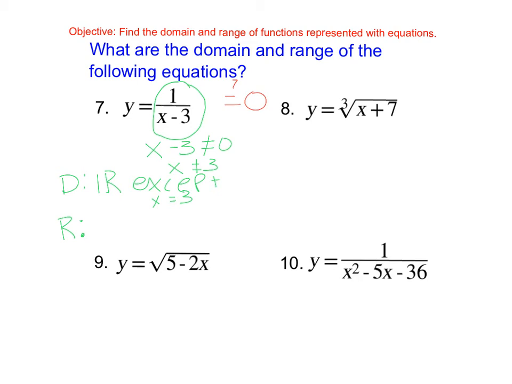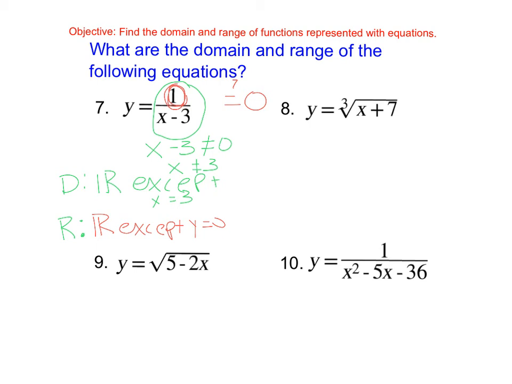So that's the one that we want to focus on, and we're going to come up with a good rule for this. But when you have a fraction where there's nothing in the numerator, it's just a constant, and you have x's in the denominator, typically it's all real numbers except y equals 0, because no matter what we plug into that fraction, it's never going to work. It'll never get us to 0.